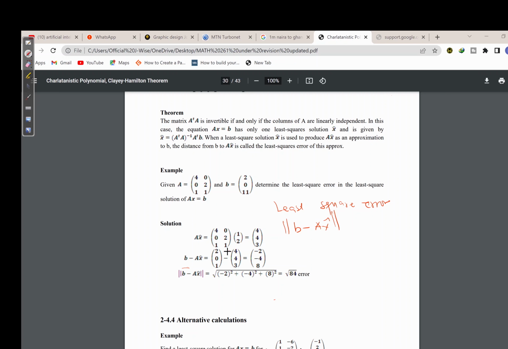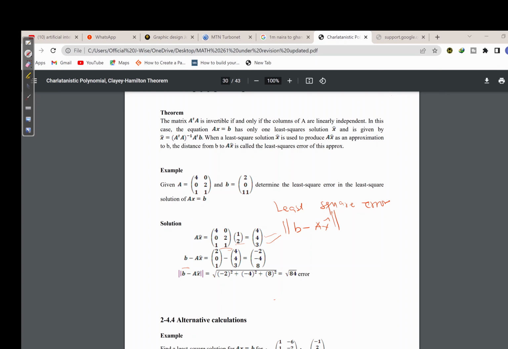So our matrix A is given by this, we multiply by the least square solution. When you simplify this, you get 4, 4, 3. You multiply each row in the matrix A by the vector x hat, which is the least square solution.